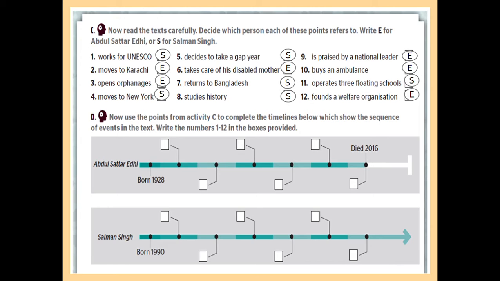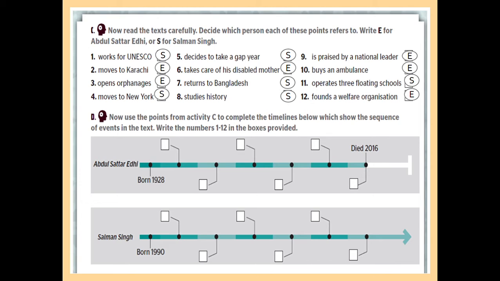Now you can pause your video and start to complete your timeline. Talk about Abdul Sattar first, then about Salman second. You are going to start from their birth to their death.